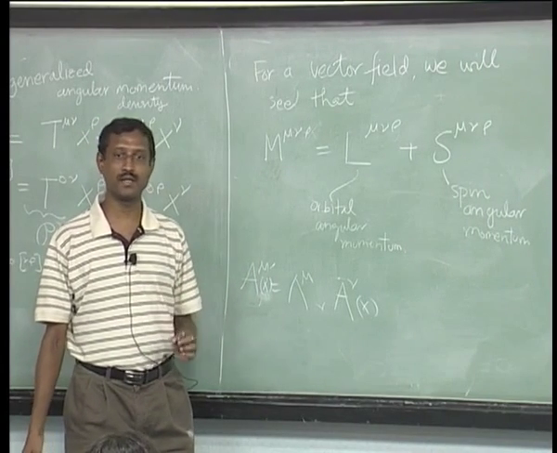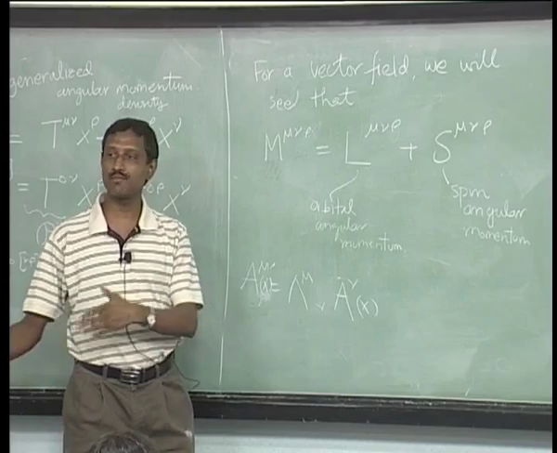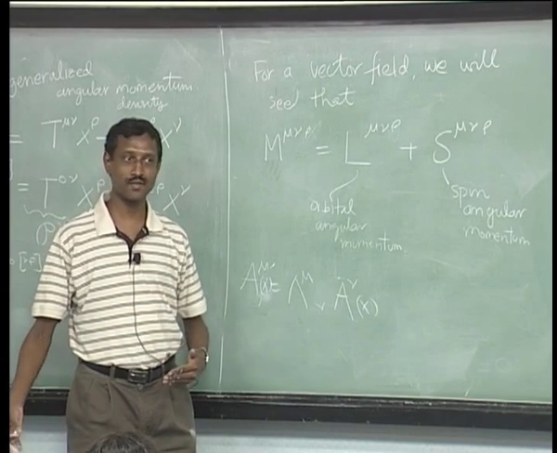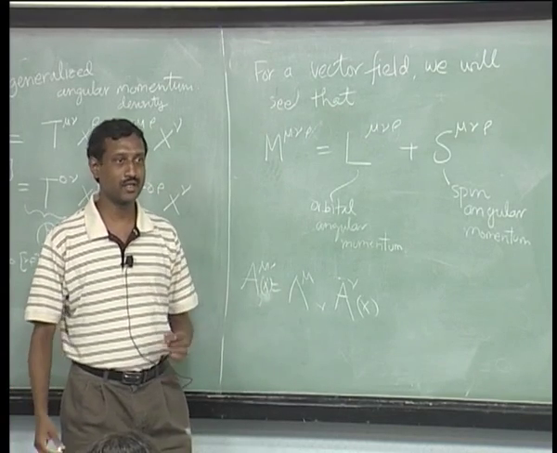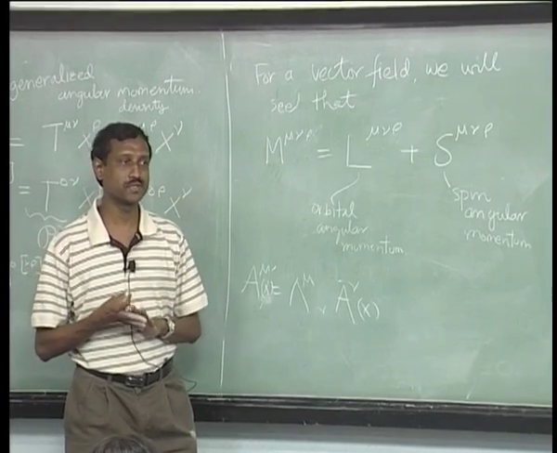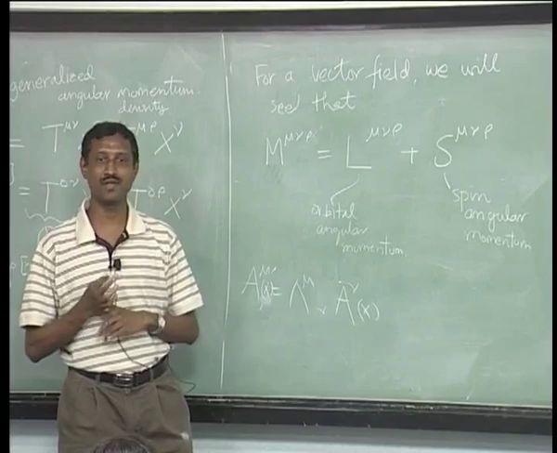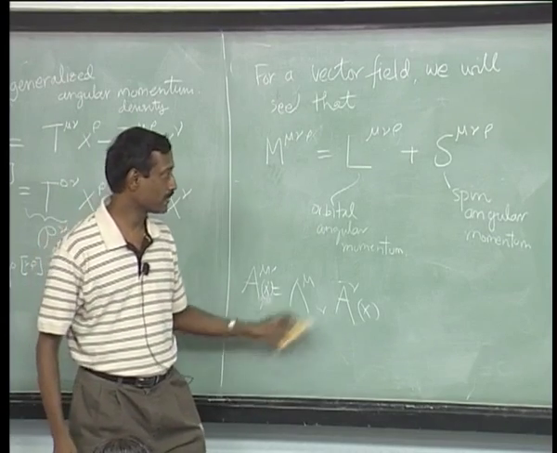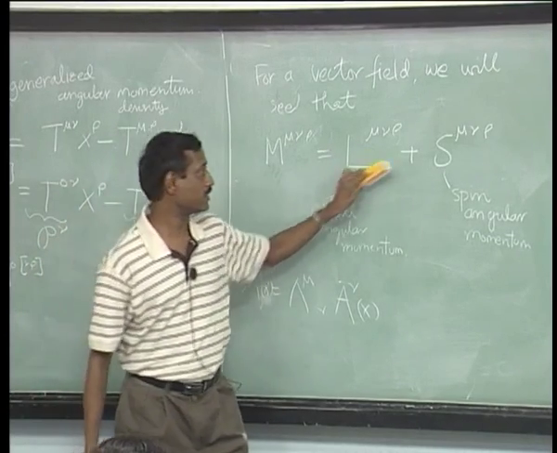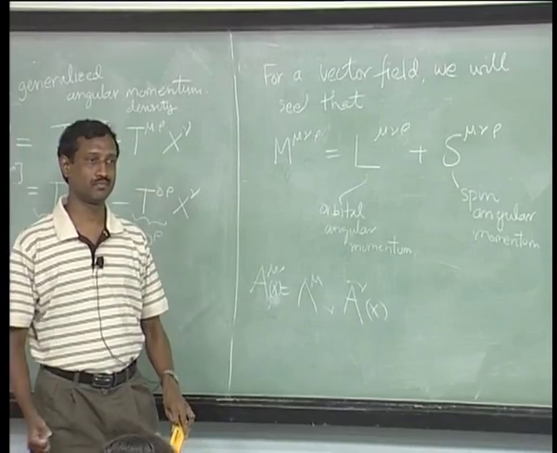I am being a little bit imprecise because most of the time you would have done non-relativistic quantum mechanics, and I am trying to connect up with that. But we will make things much more precise, part of it in this course and part of it in a course in quantum field theory if and when you do it.